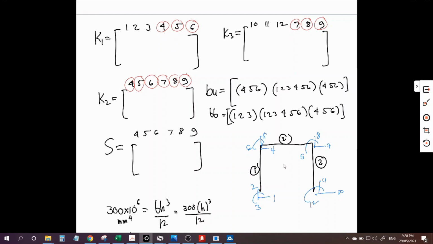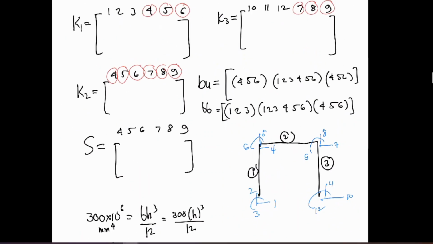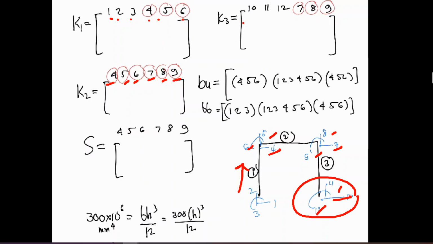Now for member 1, 1, 2, 3, 4, 5, 6. Consistent. For member 2, 4, 5, 6, 7, 8, 9. For member 3, remember my convention in column is down, up. So I will start here: 10, 11, 12, 7, 8, 9.